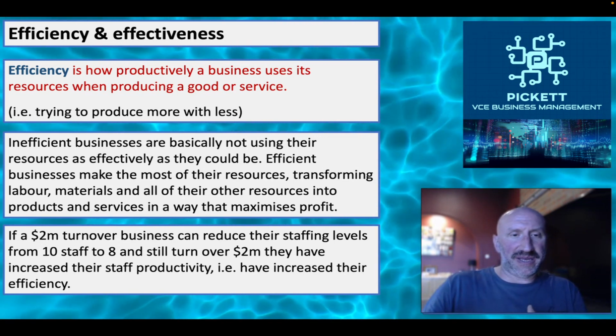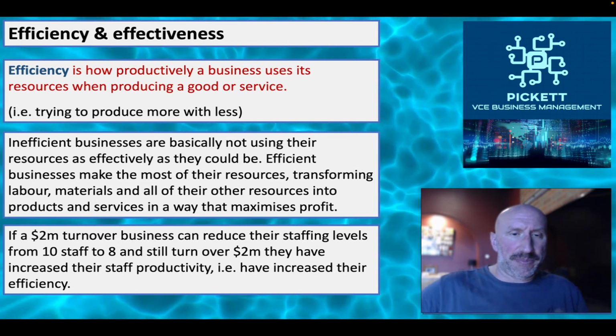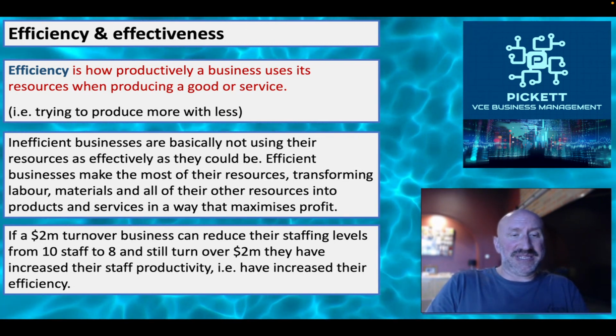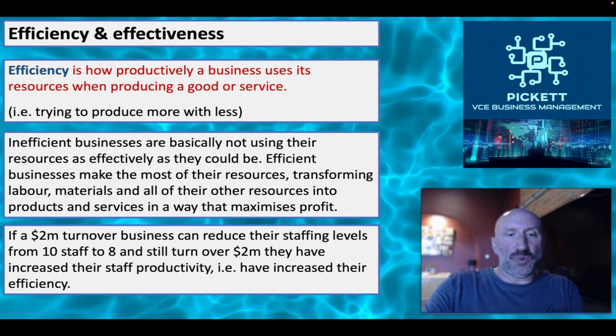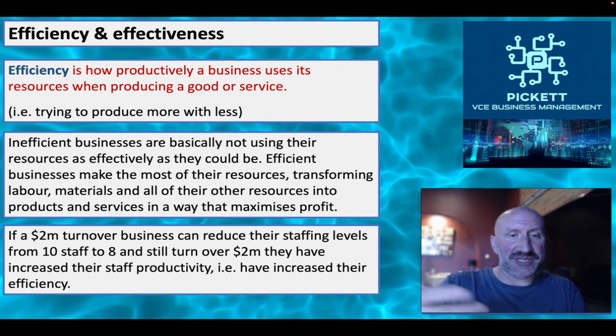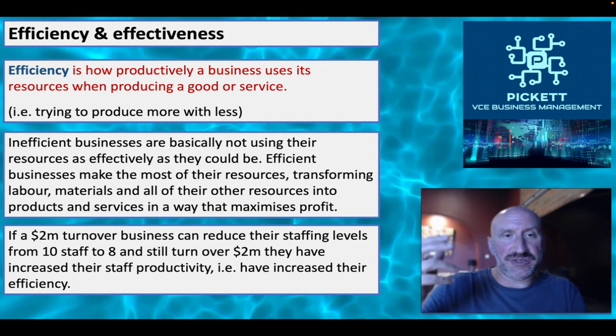What would be the maths there? By 20%, is that right? Don't know about the number, but basically they've certainly improved their productivity, because they are achieving the same end goal with fewer staff than originally. So now they're being more productive, which means they're being more efficient.